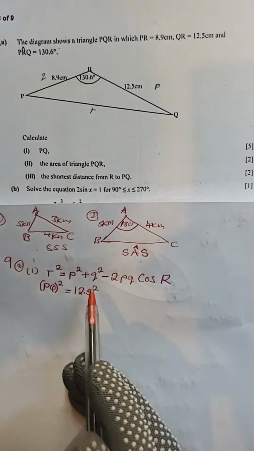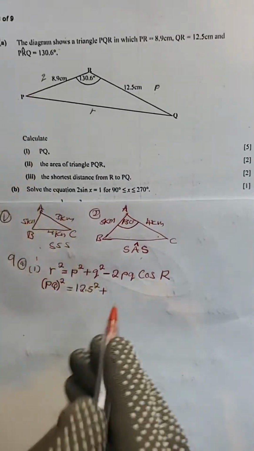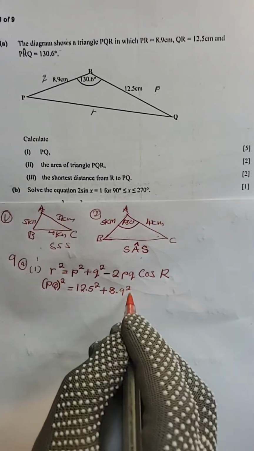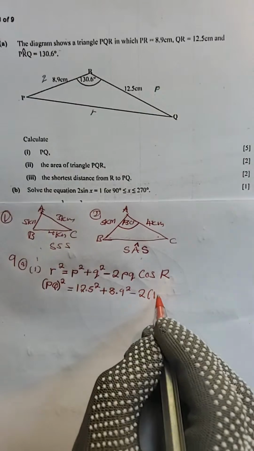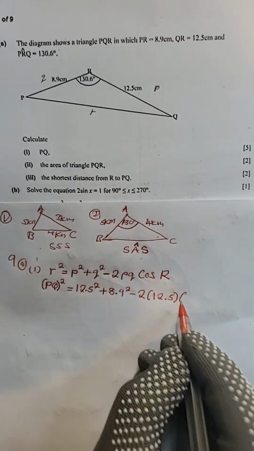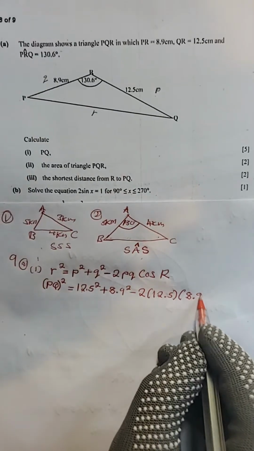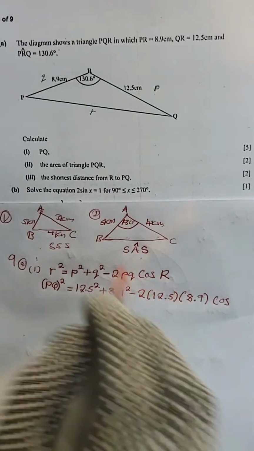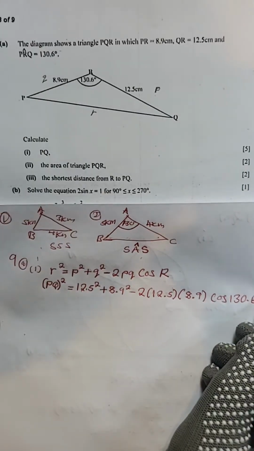All right. Now, plus Q is 8.9. 8.9 squared minus 2 multiplied by P, which is 12.5, multiplied by, just using the bracket, Q, which is 8.9, close bracket, cos R, which is 130.6 degrees.